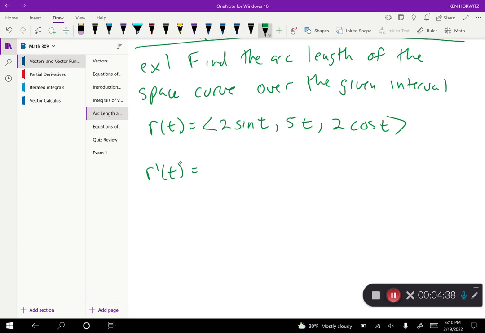The derivative of 2 sine t is 2 cosine t. The derivative of 5t is 5. The derivative of 2 cosine t is negative 2 sine t. At this point, if you were in my class, showing every step on a derivative wouldn't necessarily be the most essential thing that I'd be looking for.